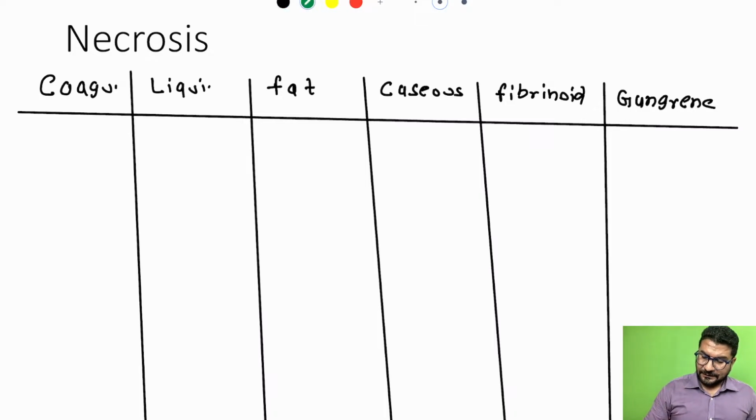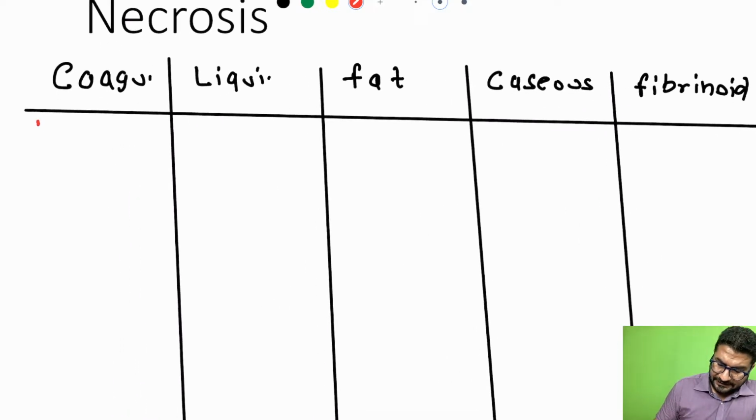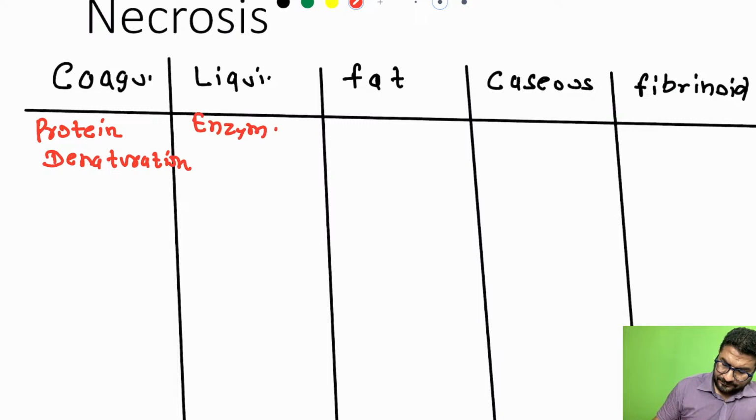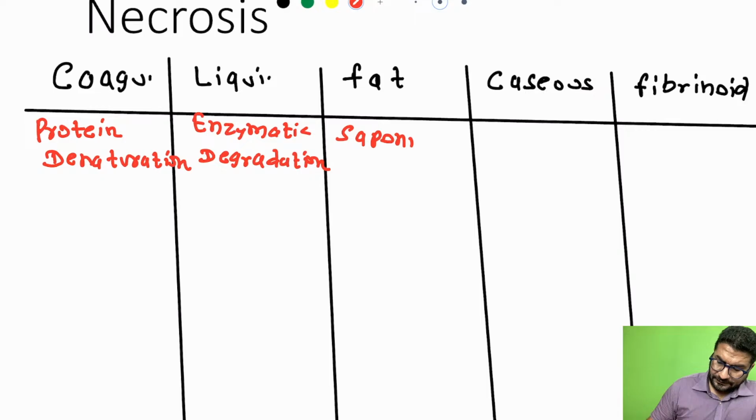So first let's talk about the mechanism of coagulative necrosis. Coagulative is due to protein denaturation. Liquefactive occurred due to enzymatic degradation. So mechanism क्या हो रहा है? Enzymatic. Fat necrosis occurred due to a process, इस process को बोलते हैं saponification.